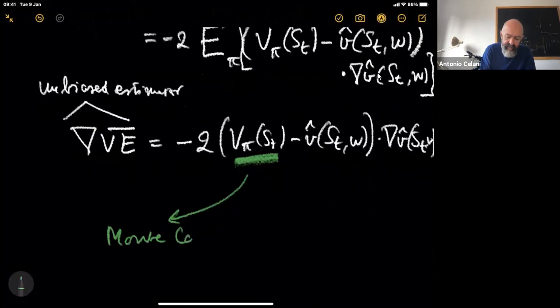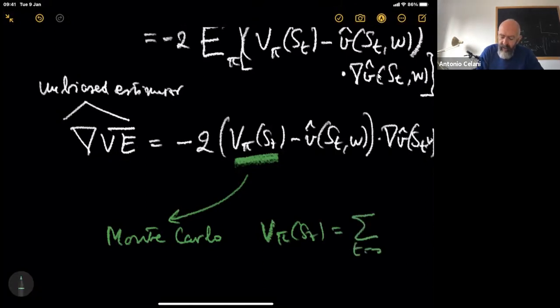So we are in state S_t, and we run our system in the future, and we replace this V^π of S_t with the sum of all rewards, the sum over t' of γ^(t'-t) times the reward at t'-t+1.